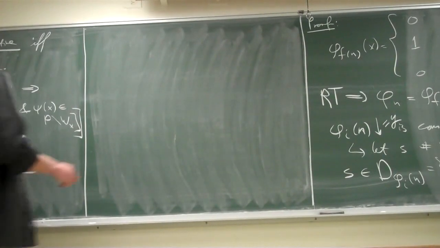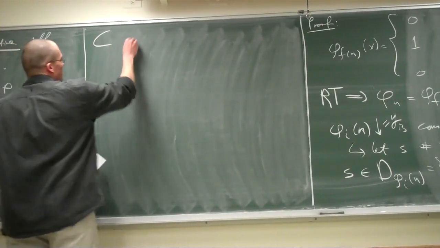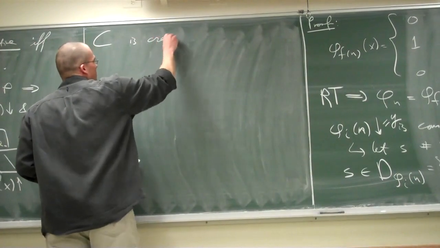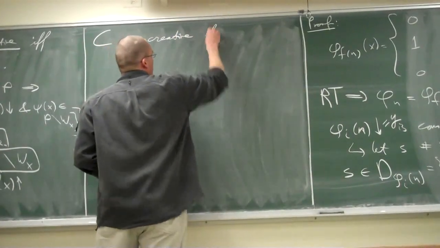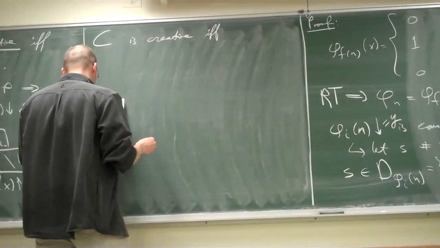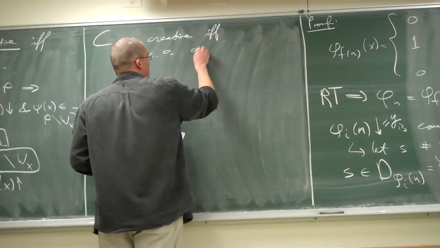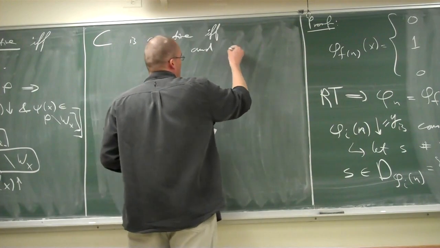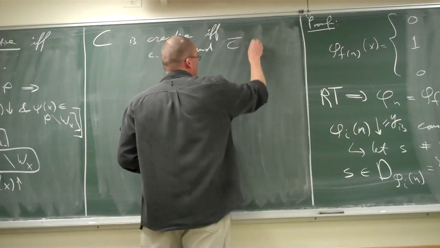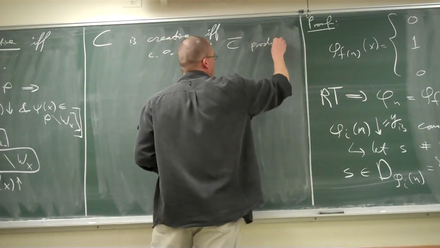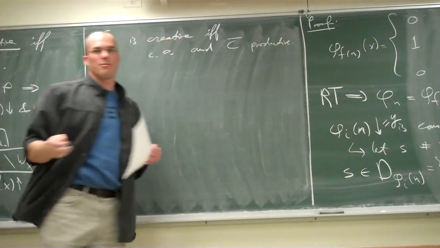So that's productive, but the more interesting notion is creative. C is creative if it's a computably enumerable set and C complement is productive.